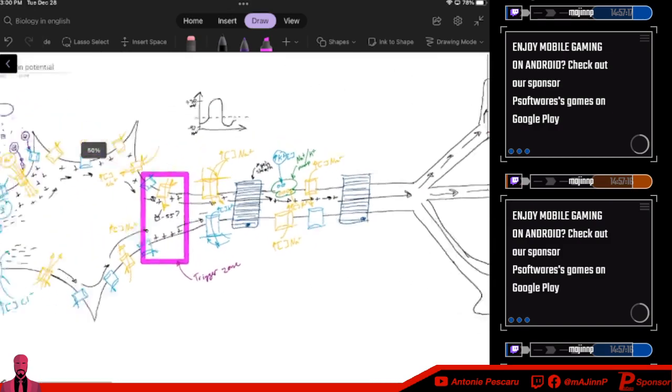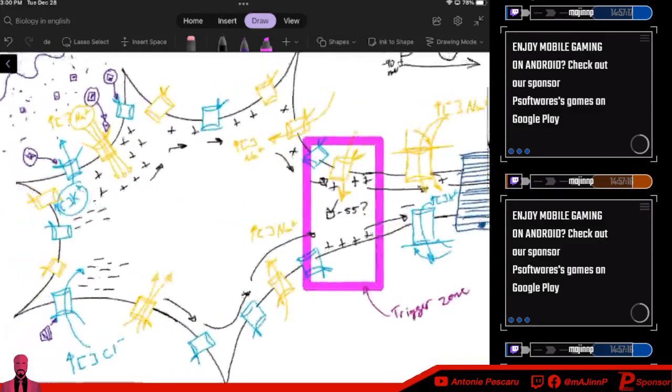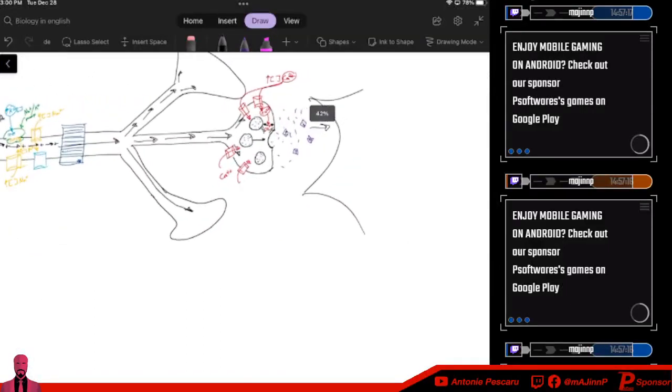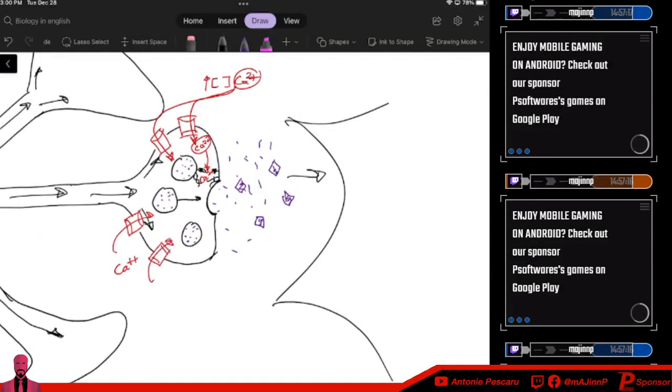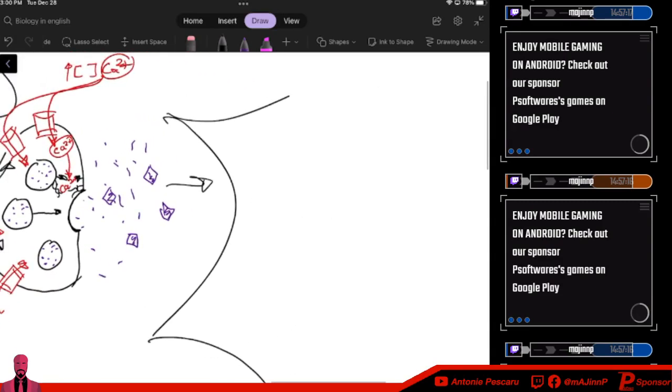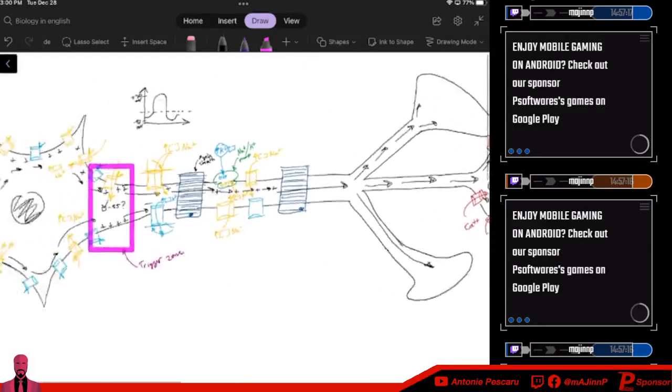So that is the basic concept of an action potential, starting from the cell membrane over here, going all the way to the synapse or the synaptic button, releasing its neurotransmitter into the extracellular space, going to either another neuron or a muscle, but we're not going to get into that. That's basically in a nutshell what happens.